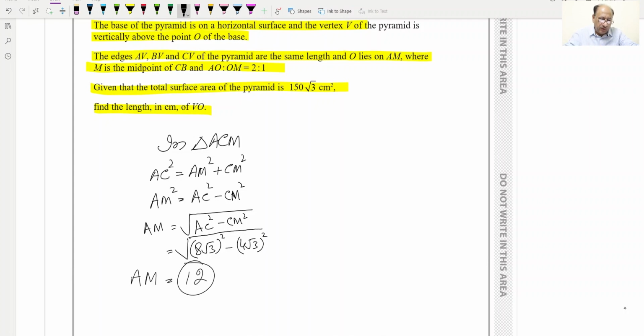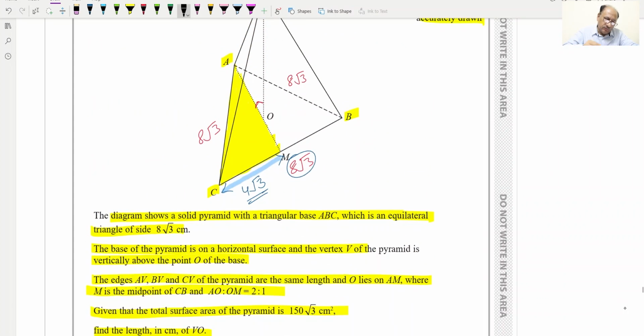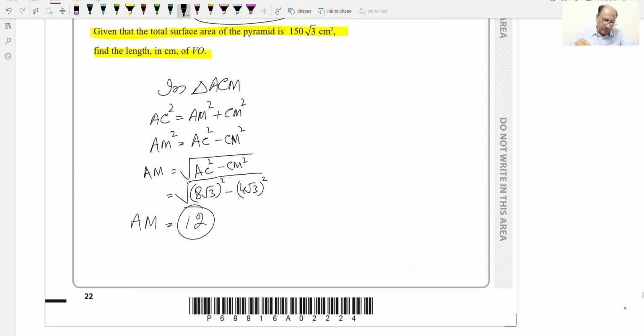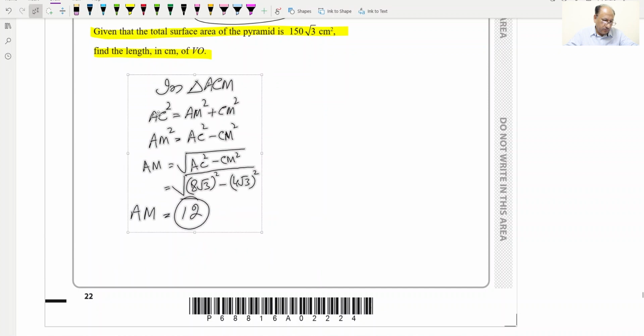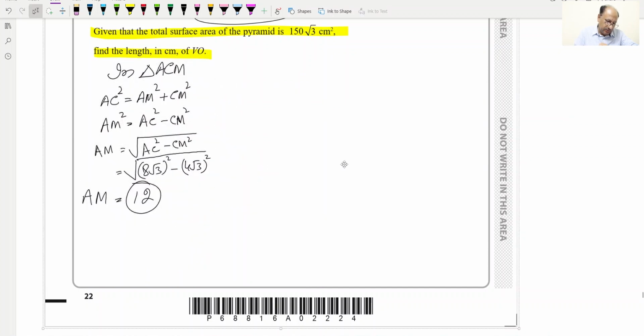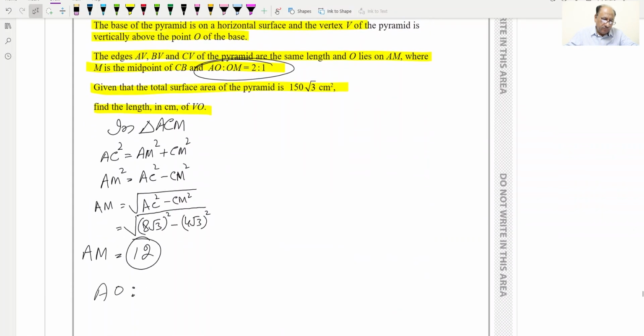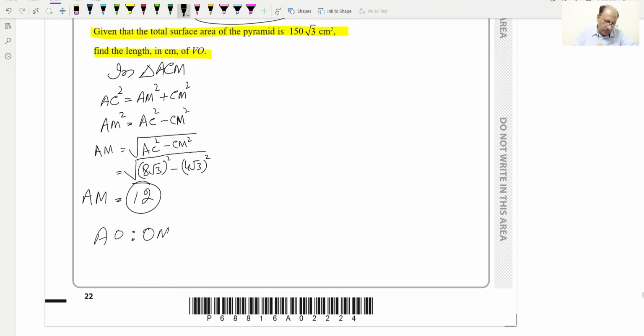Now AM value is 12, and the ratio AO to OM is provided over here, which is 2:1.